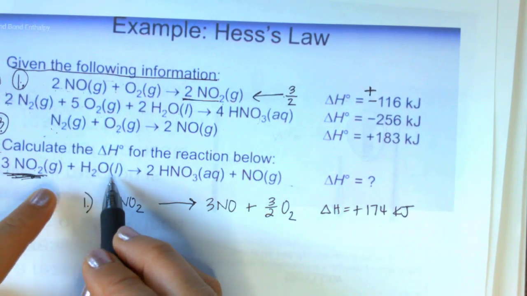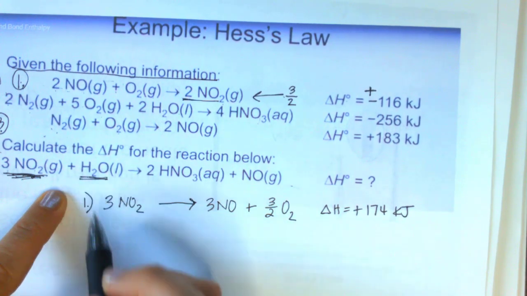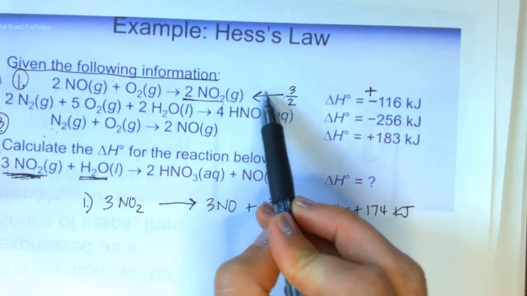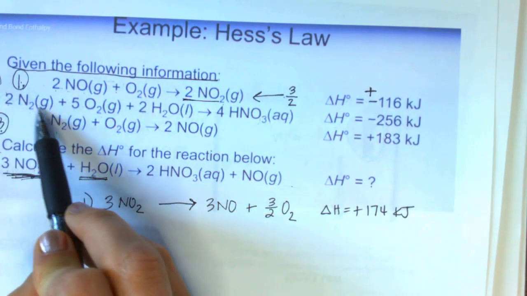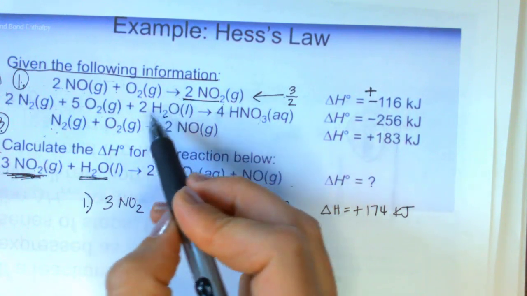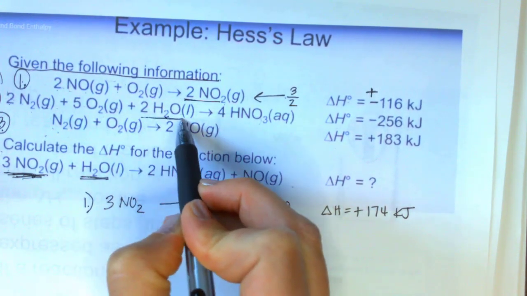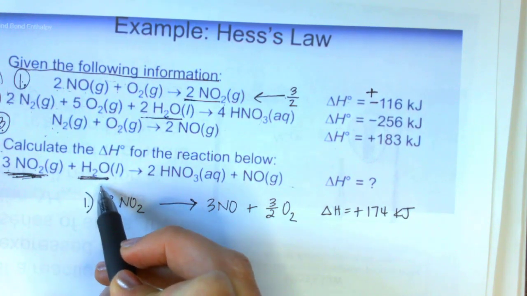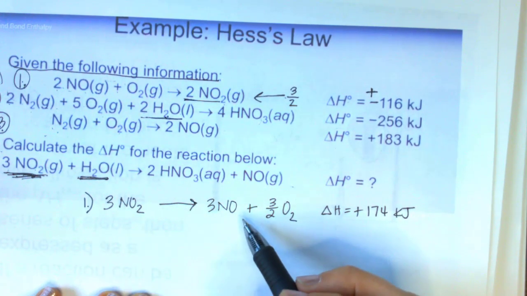Now, let's see where we can find H2O. Not in the first elementary reaction. And, oh, it's right there. And what's great is this H2O is a reactant. And over here, this is a reactant, which is great. We don't need to flip it.